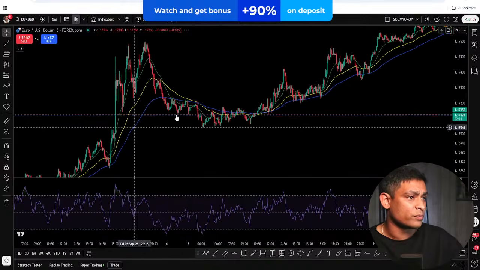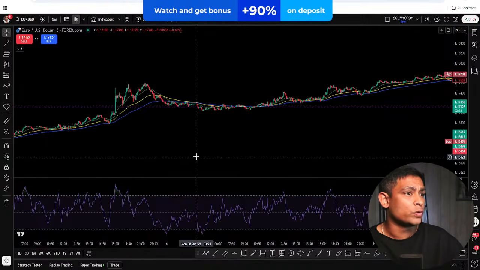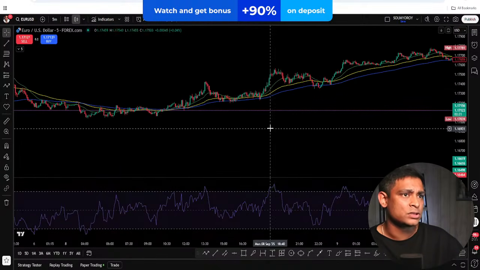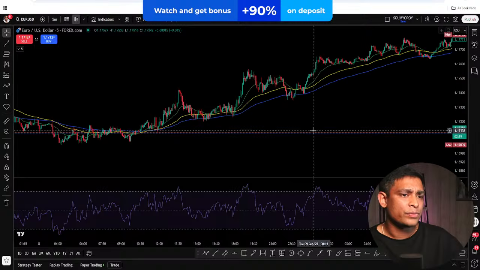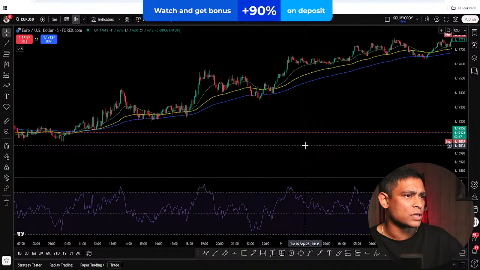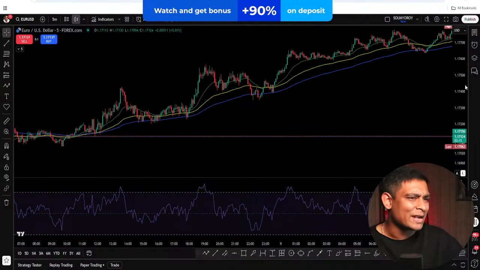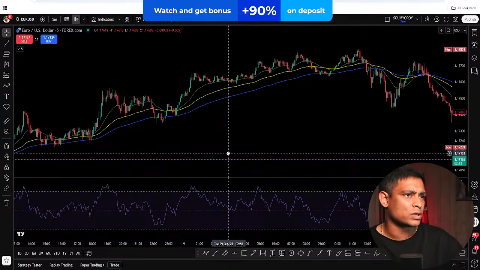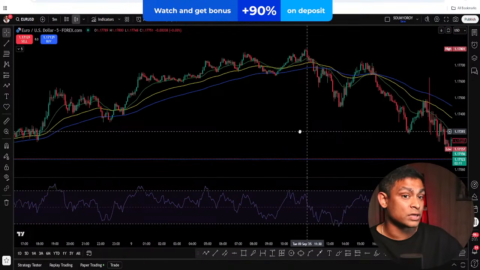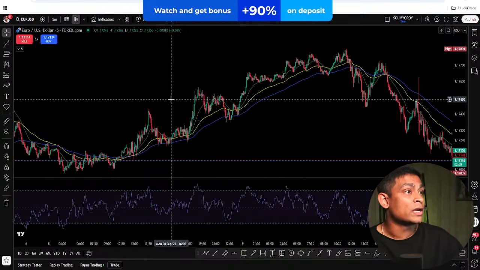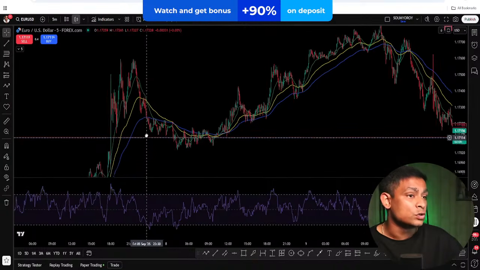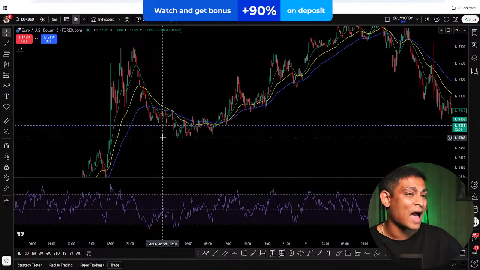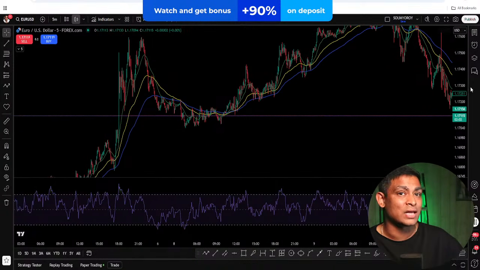But we have to be very careful while doing that, because a lot of times we make a mistake figuring out what is a real divergence and what is not, and then we end up losing some of our profits, and I do not want that to happen with anybody.